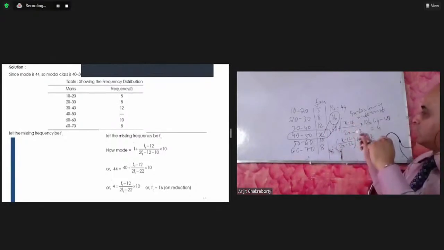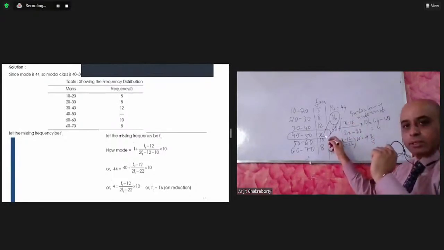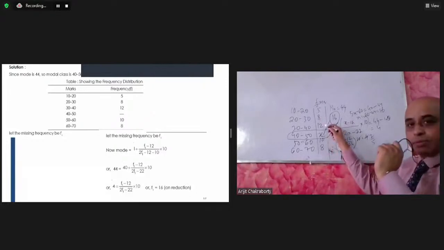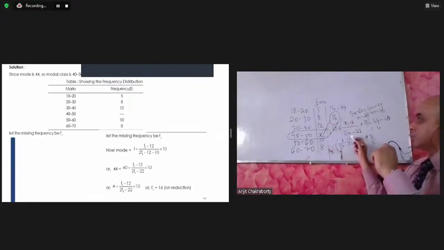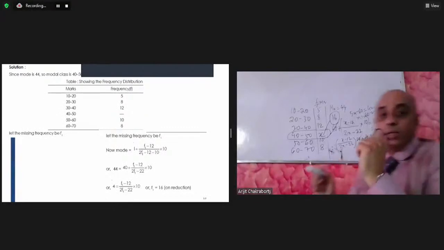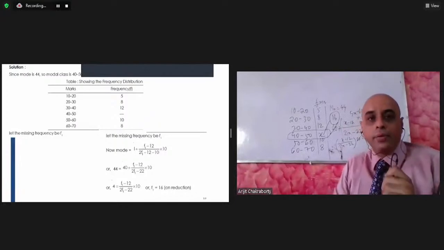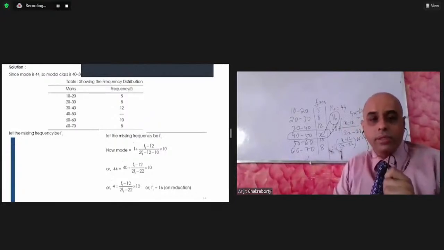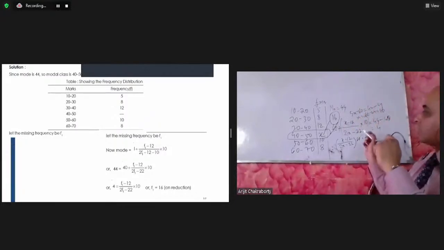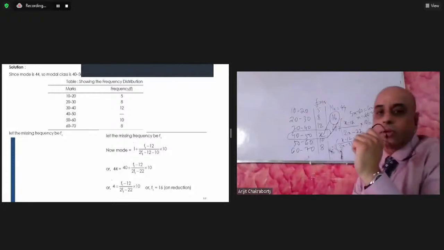In the denominator, 2 into x minus the previous frequency minus the succeeding frequency, so 2x minus 22, multiplied by the class width. Here it is 10. So once we multiply that by 10, that should give us 44.